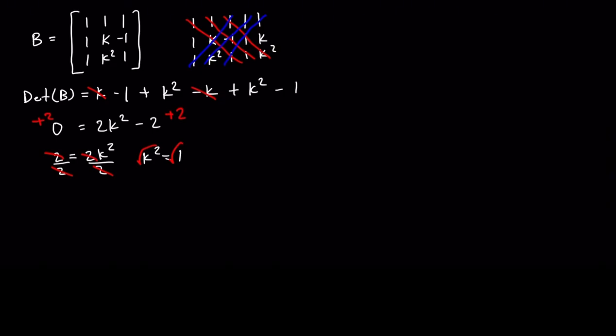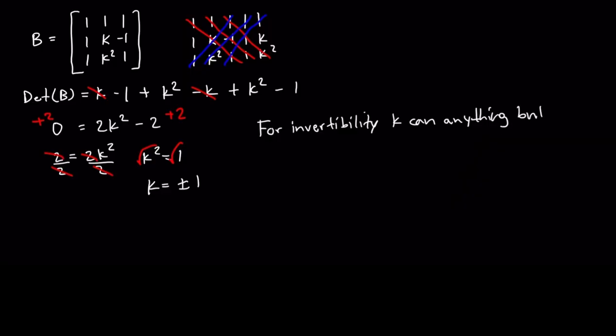So that gives us k is equal to plus or minus 1. So basically, for invertibility, k can be anything but 1 and negative 1.